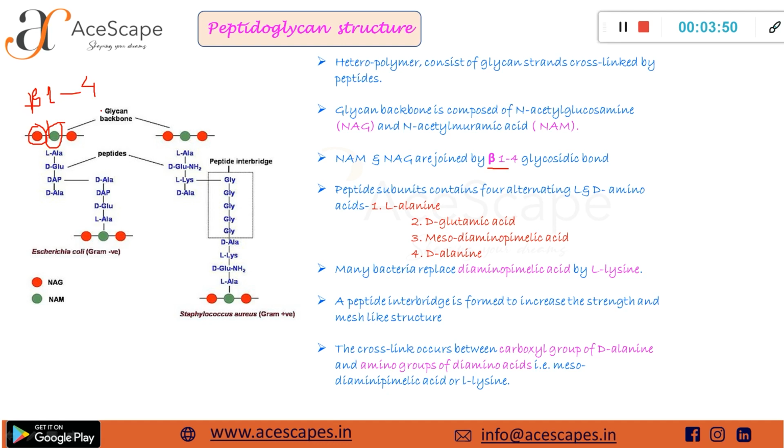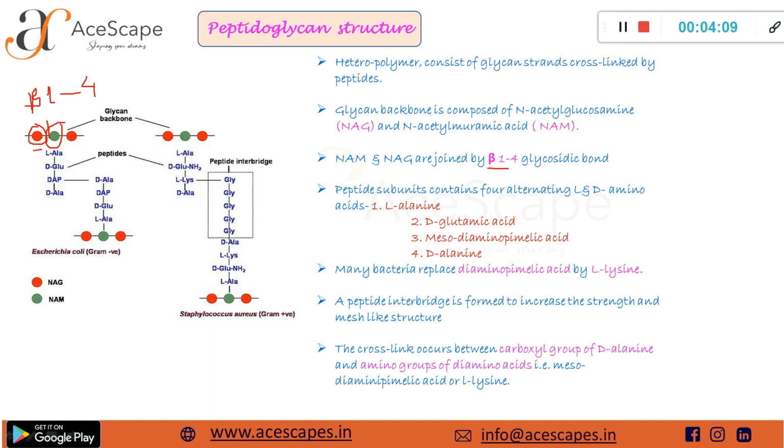Now what is a glycosidic bond? It is a type of covalent linkage that joins a carbohydrate molecule to another group which may or may not be a carbohydrate. In this case, it is a carbohydrate. Now we have the peptide subunits.